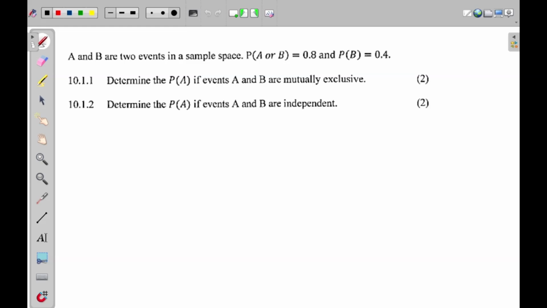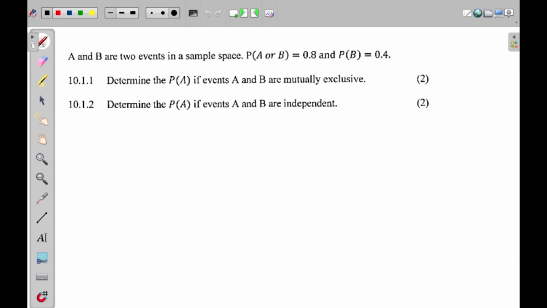So what is happening here? You are not given anything relating to the intersection. But I want you to note the follow-up questions that are linked to this statement. You have to calculate the probability of A if the events are mutually exclusive, and then you have to also calculate the probability of B if the two events are independent.